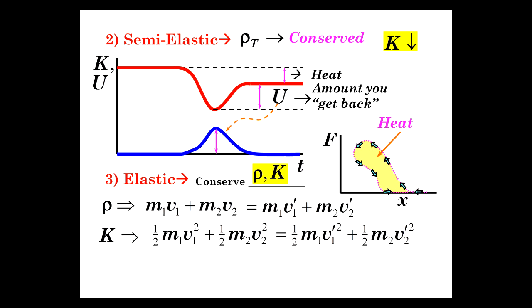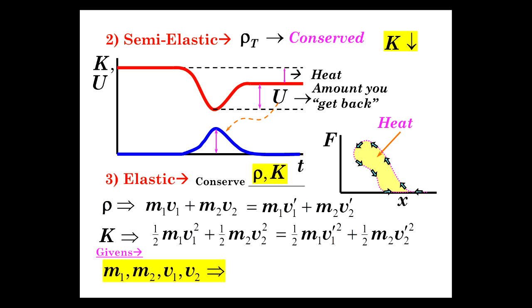Notice the velocity 1 prime and velocity 2 prime, squared, of course. And these are maintained. These are not the same velocities because the objects bounce off each other. So this is not all that simple.